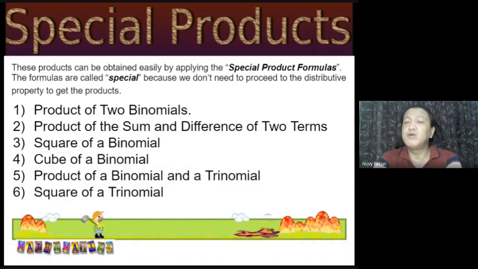The formulas are called special because we don't need to proceed to the distributive property to get the product. Kasi nga, mahaba yung proseso doon, mahaba yung oras na pagsusolve. That's why we have these six special products formulas to find their product easily at mabilis natin makuha.